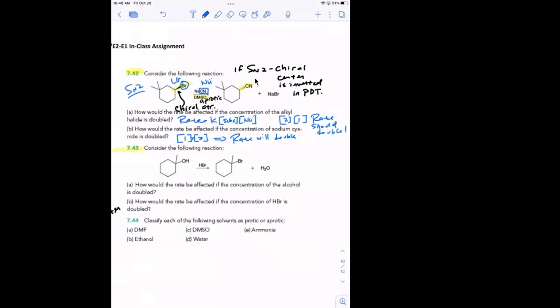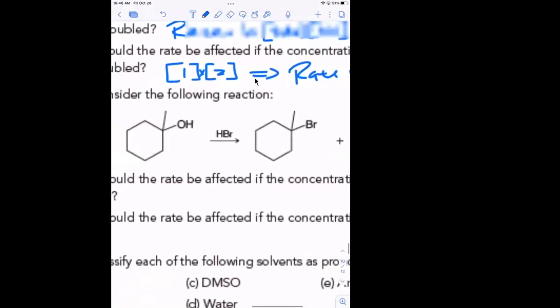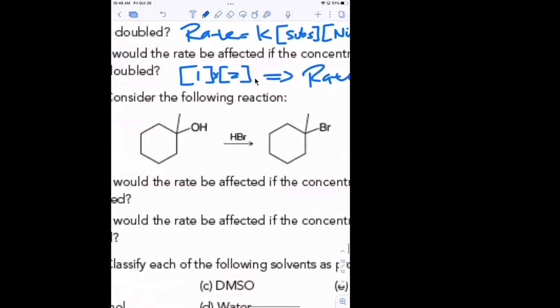All right, what kind of reaction is this? Is that a tertiary substrate, or secondary, or primary? Never mind the OH group. How many carbons are attached to the carbon bearing the OH, because the OH is your leaving group? It's bad, but it's still a leaving group.